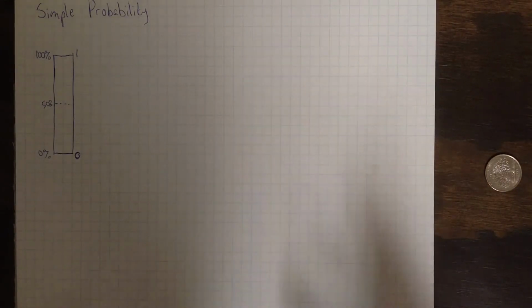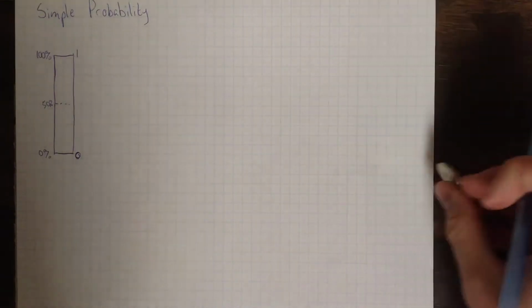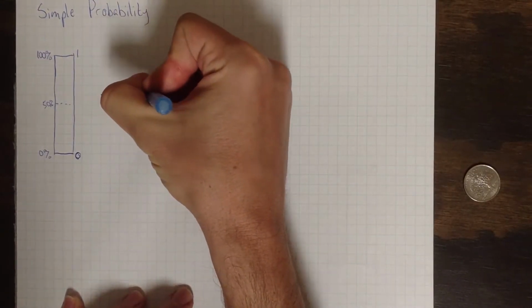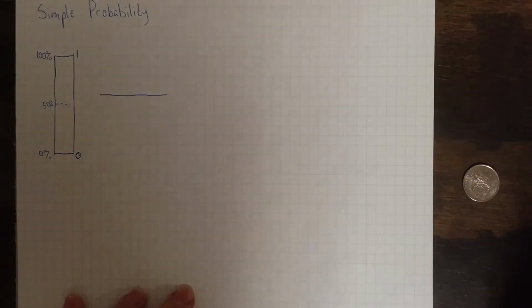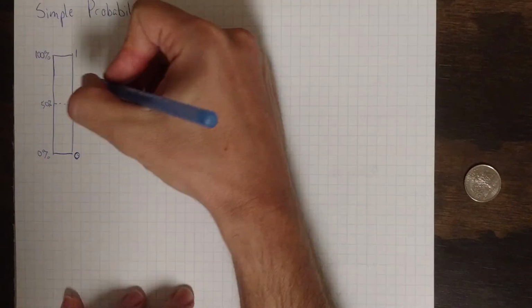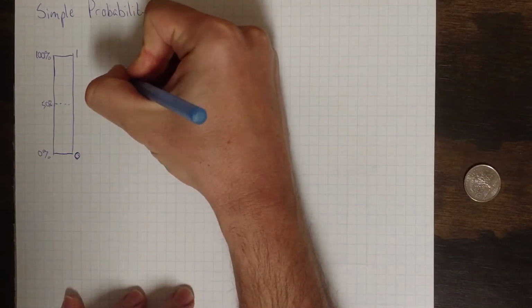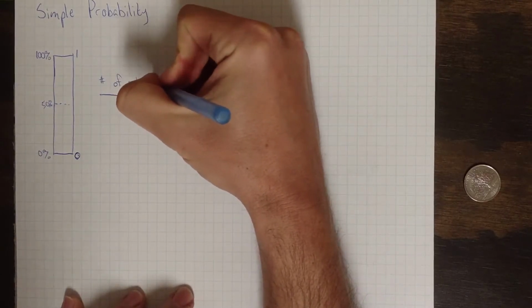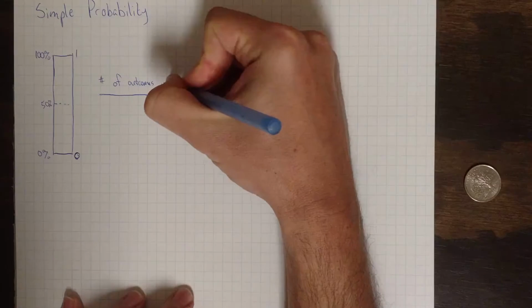And so how do we calculate probability? Well, what we do is we write a fraction. And I'm going to make this as easy as possible. On the top of the fraction, that's the number of outcomes you are looking for.